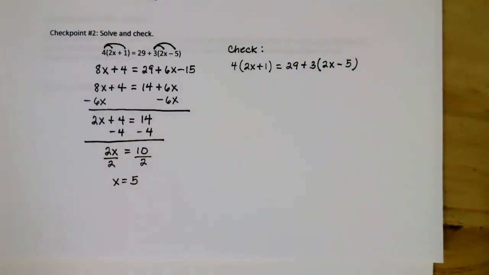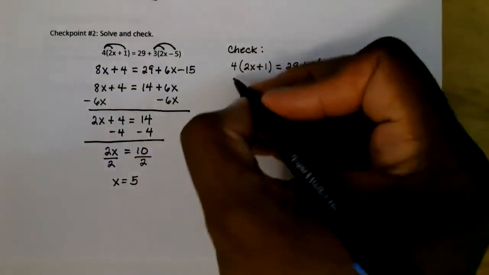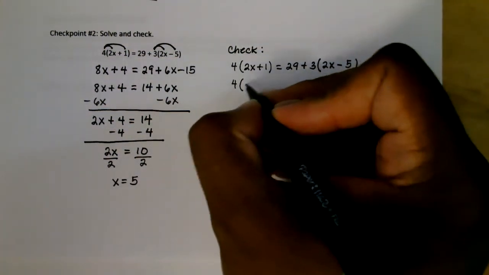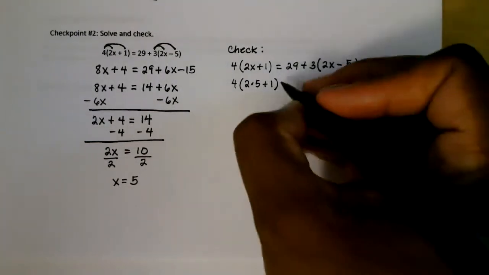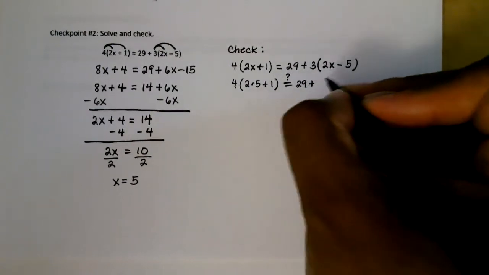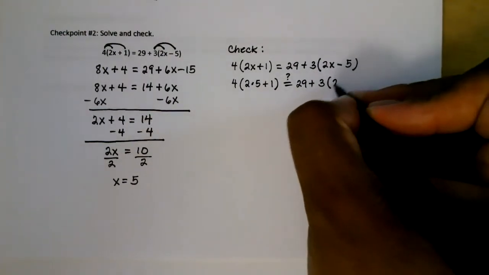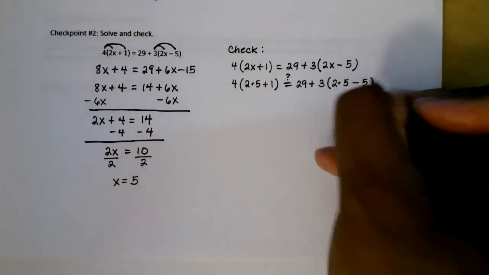And then we're going to substitute each x with our proposed solution of 5. So on the left side, I have 4 times 2 times 5 plus 1. That's going to be equal to 29 plus 3 times the quantity 2 times x, again, that's going to be 5 minus 5.